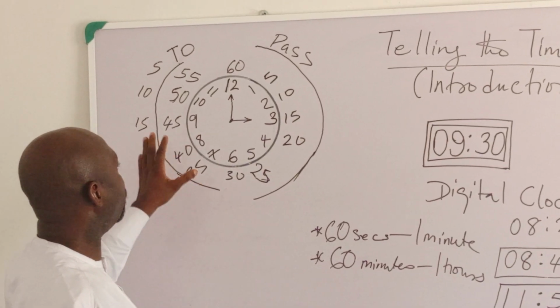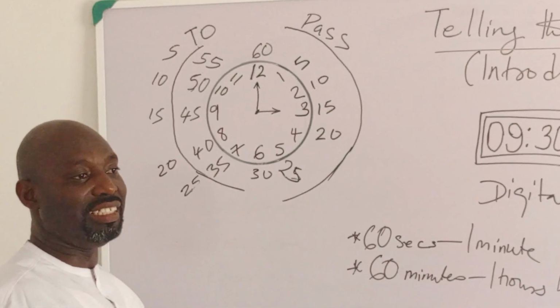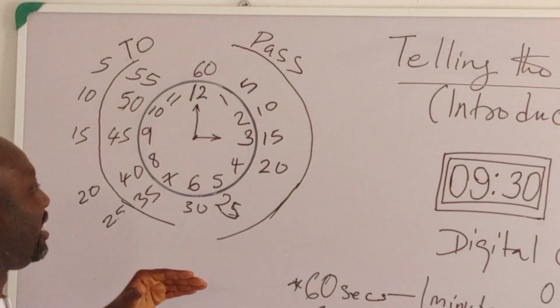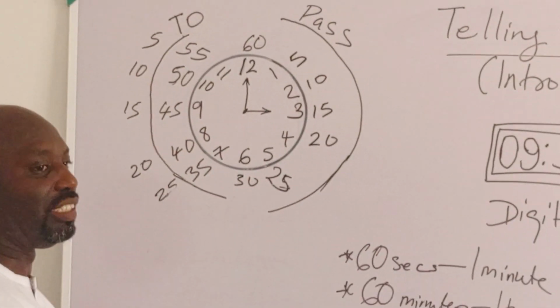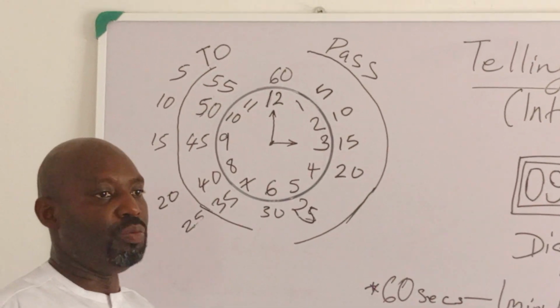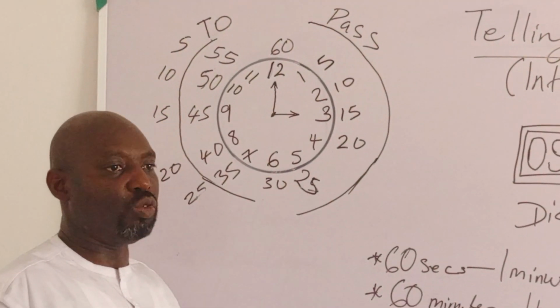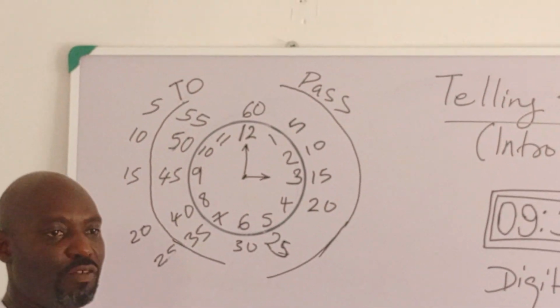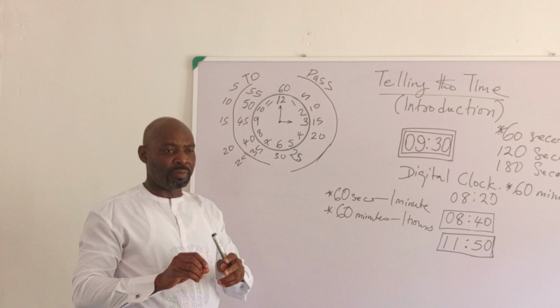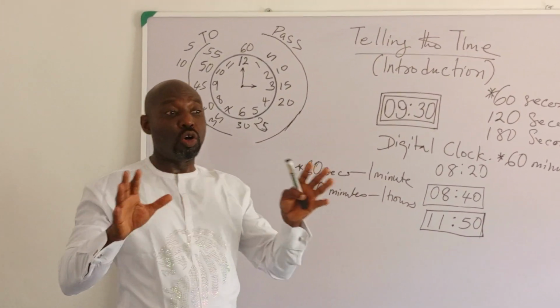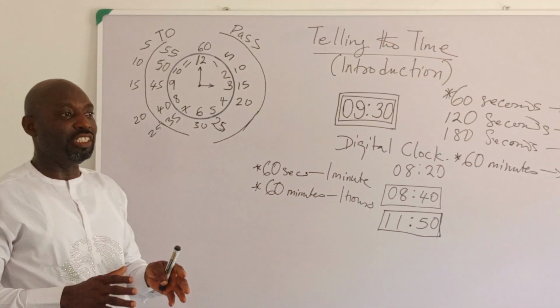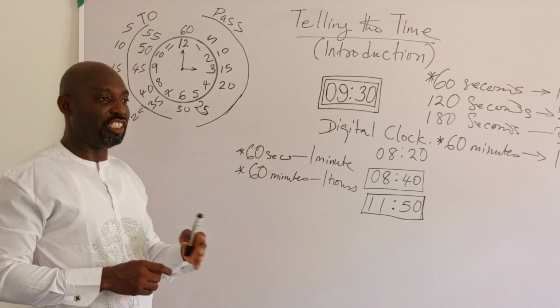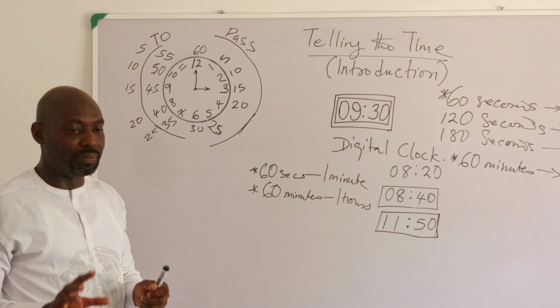So now we are just going to summarize the principles of telling the time. Then we start taking it one after the other. We start with o'clock, to make you master what we mean when we say 3 o'clock, 4 o'clock, 5 o'clock. Then you learn how to call them, and since this is 3 o'clock, you should also learn how to draw them.